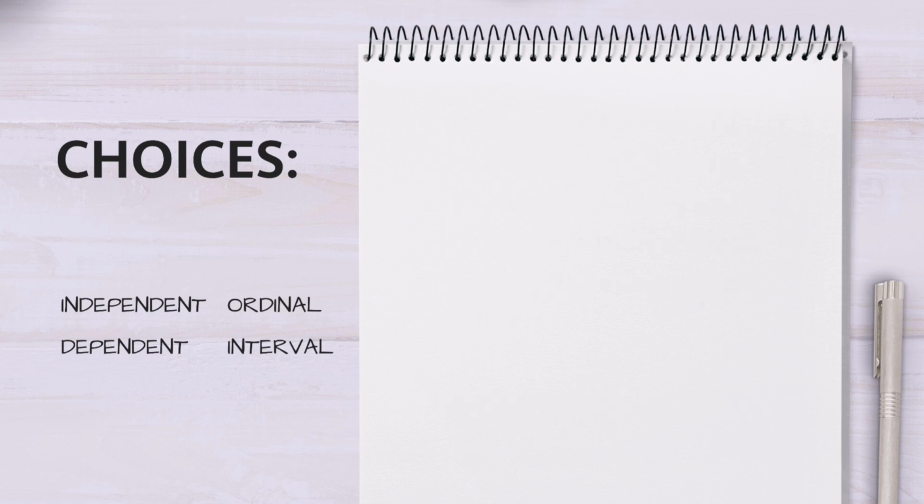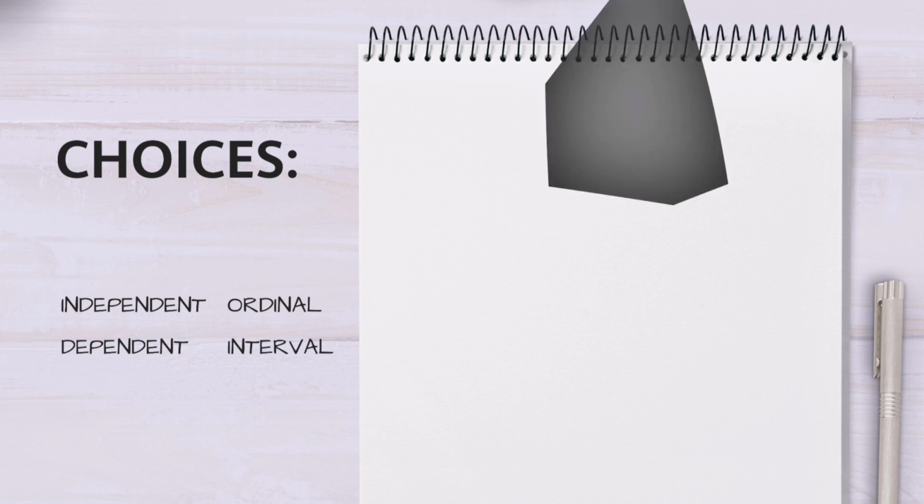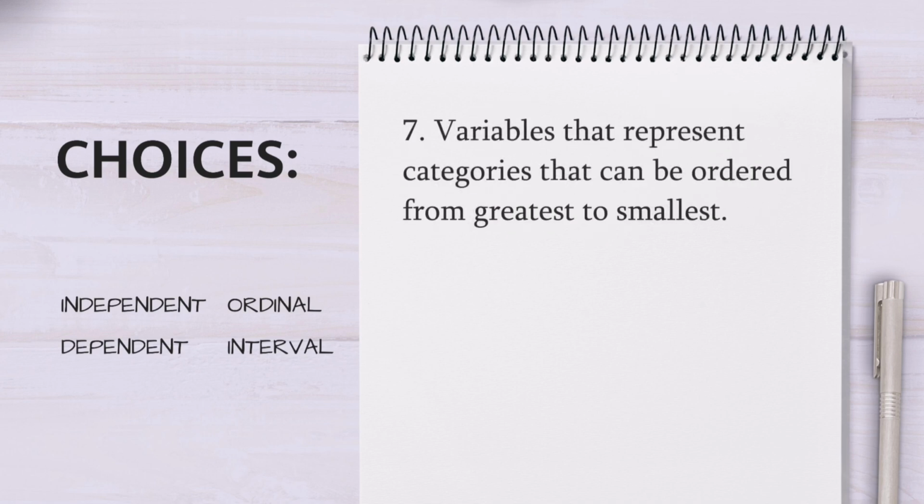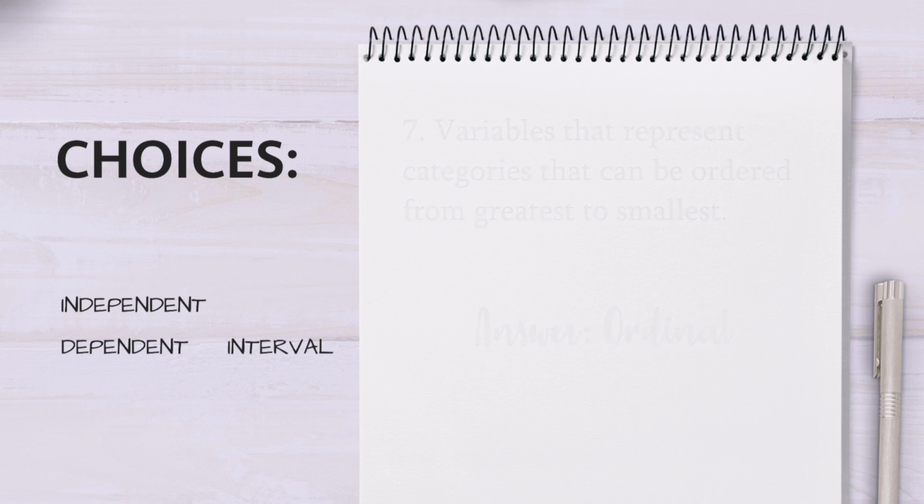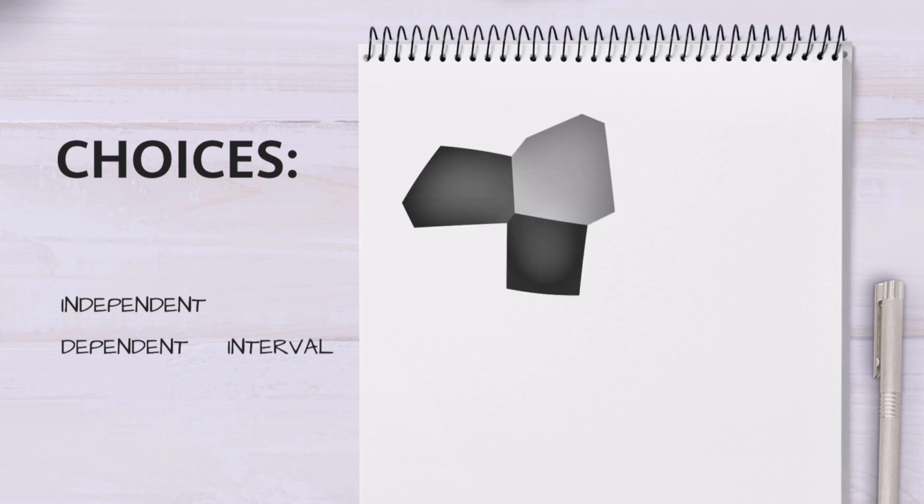We're nearing the last 3 questions. Question number 7. Variables that represent categories that can be ordered from greatest to smallest. There you have it. That's ordinal variable. Question number 8.